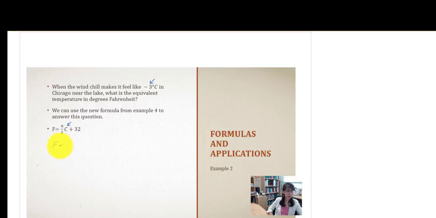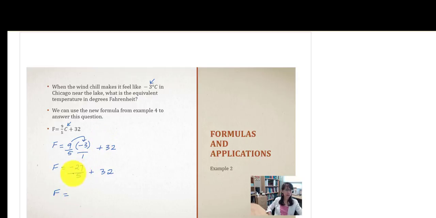The Fahrenheit temperature would be 9/5 multiplied by -3, and then we will add 32. So the order of operations tells us to do this multiplication first. Fahrenheit now would equal 9 times -3 would be -27 divided by 5, and then add 32.